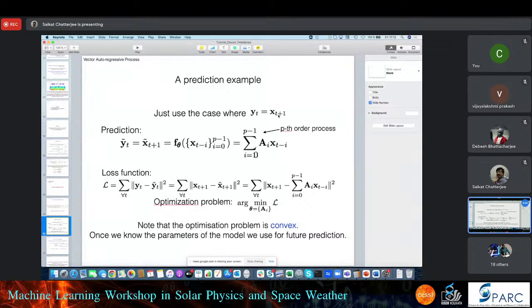Now comes, how do I have the general prediction equation? General prediction equation is that at any point of time, when I want to predict my yt, the prediction outcome is yt tilde here, that is nothing but, according to my problem setup, xt plus 1 tilde.